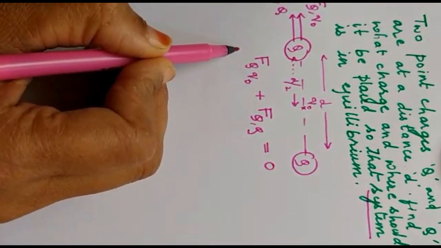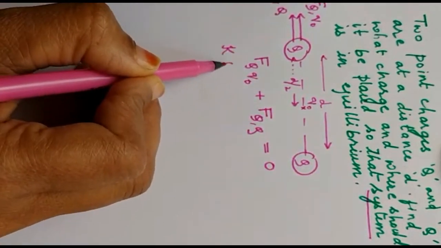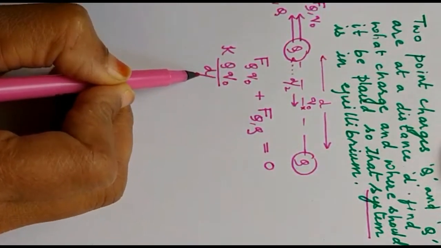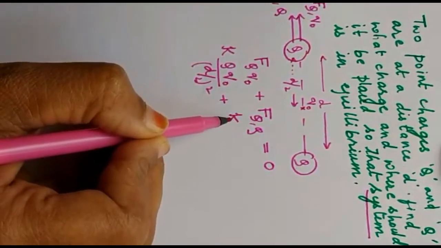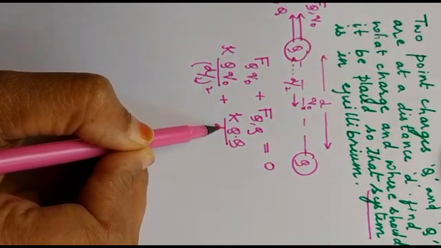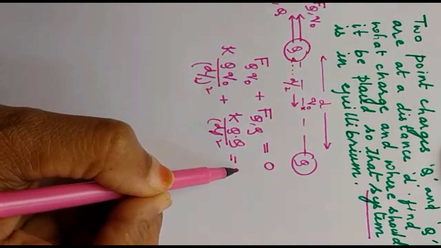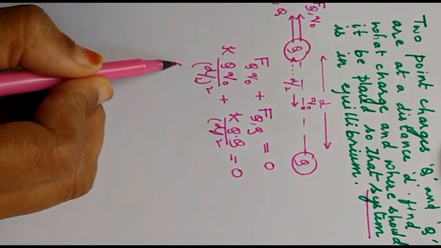Let us write F on capital Q due to Q naught plus F on capital Q due to capital Q should become 0. So write the force 1 by 4 pi epsilon naught, that is K. Writing it as K, Q naught divided by d by 2 whole square plus 1 by 4 pi epsilon naught Q into Q by d whole square should be 0. Anyway, K and d square will cancel.